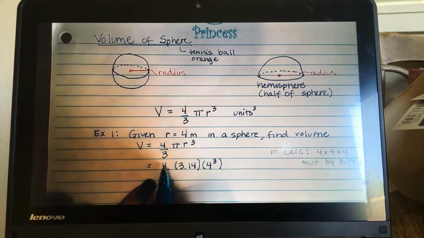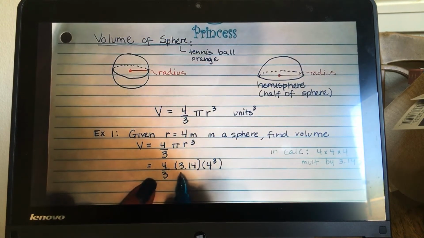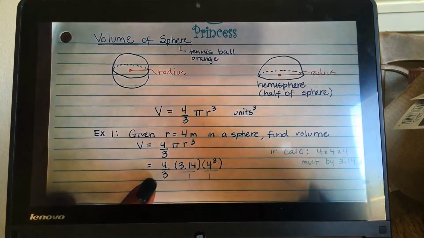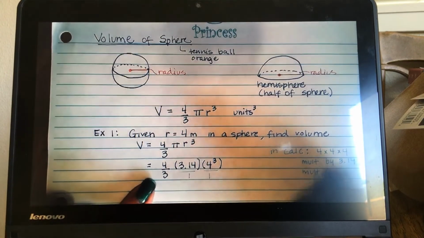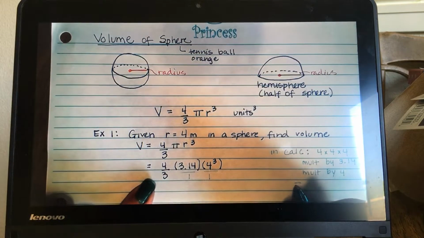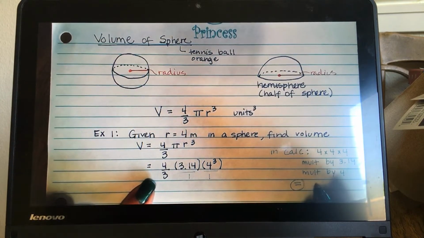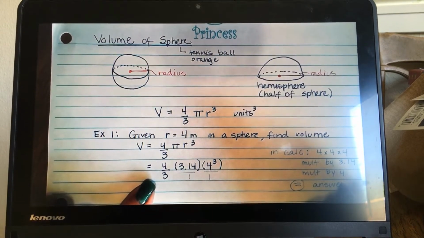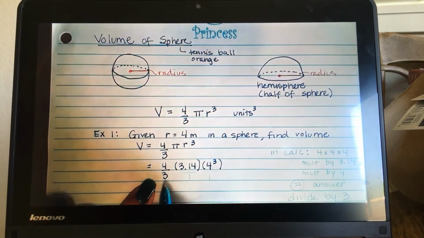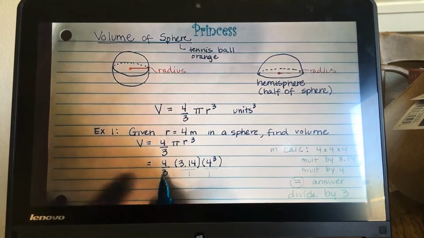The top part of the fraction is just another part of our multiplication in the numerator, because we could look at this as over 1. So I'm going to multiply by 4, and then hit the equal sign. Whatever I get as my answer, I'm then going to divide by 3. So that's how we're going to use that fraction.